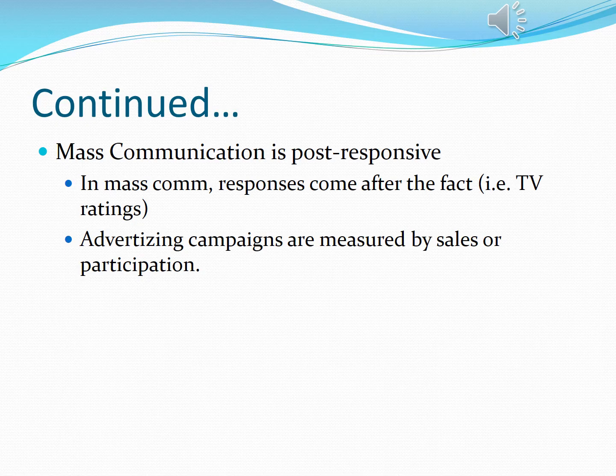Then we have mass communication. And in mass communication, the feedback is what's called post-responsive feedback. This is the most complicated. Post-responsive feedback means after the fact. So in mass communication, responses come after the message is delivered, and then you wait. So things like TV ratings, or maybe an easier to understand example is an advertising campaign.